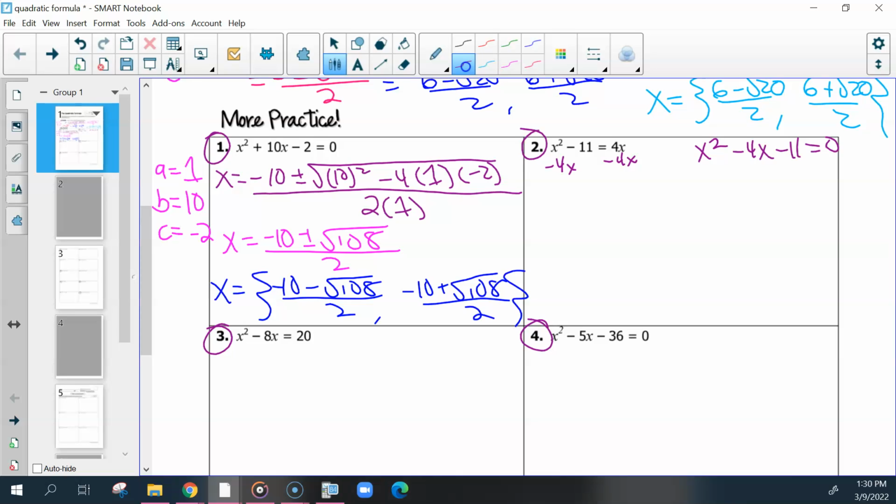Once I have that back again, then I can find my a, b, and c and continue from there. So you put -4 right below the x.